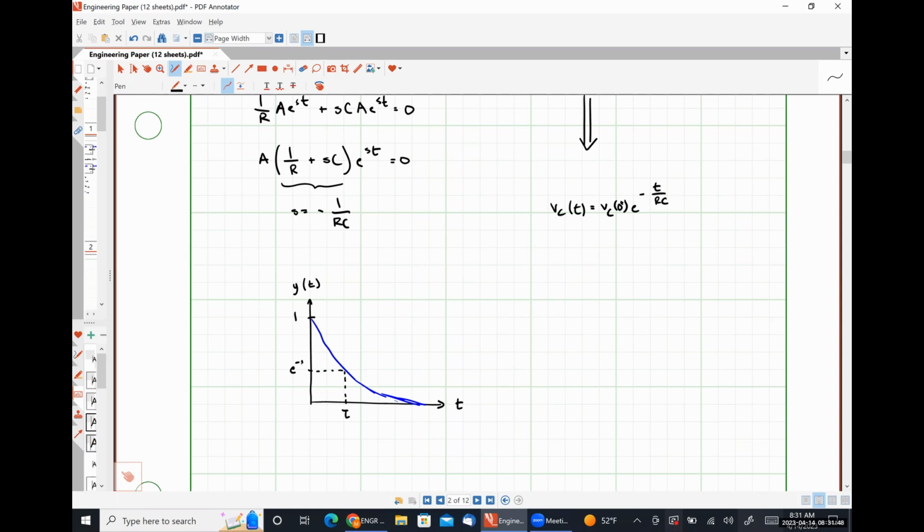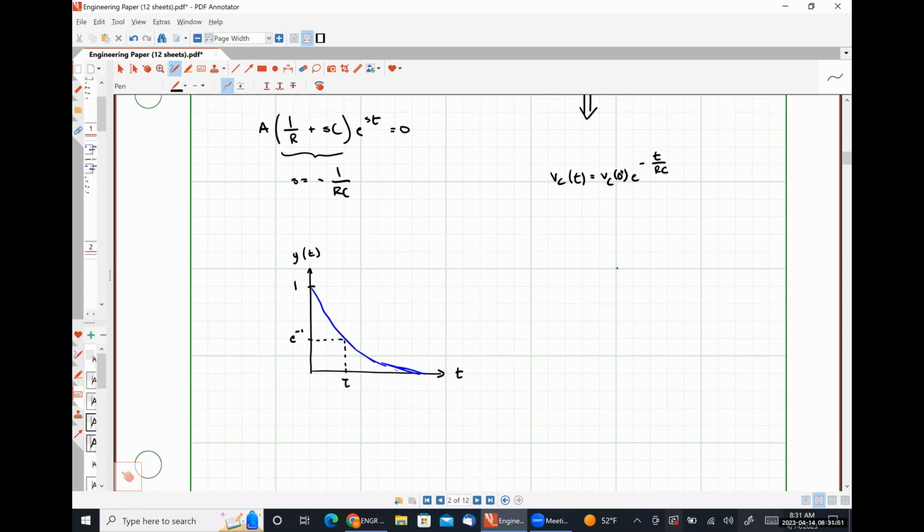Okay. So I'm going to make a table right here. Let's call this t on this side, and y of t divided by y of 0 on this side, which is just going to be a fraction, right?